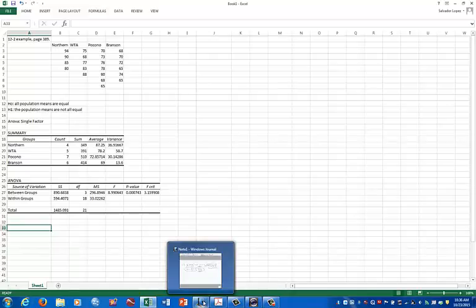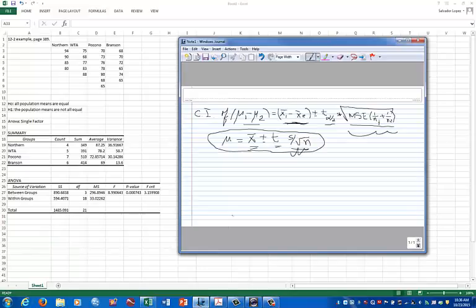Well, you can do what is called the confidence interval approach, which is the one in 12.3, and use the confidence interval of the population mean differences, which is equal to the sample mean differences, plus minus the corresponding t-value with alpha over 2 in the upper tail, times the square root of MSE times 1 over the size of sample 1 plus 1 over the sample size 2, which follows pretty much the formula that we used in the previous chapter.